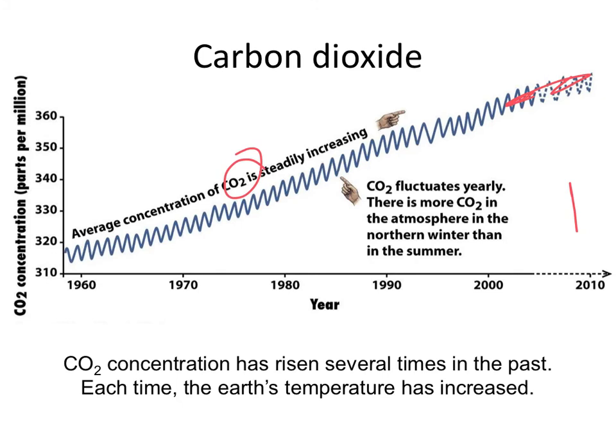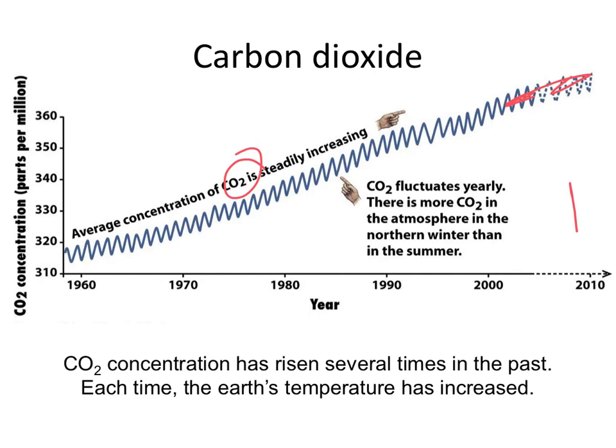Okay, and then also we know that in the past, forget about humans, CO2 concentration has risen several times, and each time the Earth's temperature has increased as well. So we have evidence of this, not only in cores of ice samples from glaciers, but also in the pollen that's produced by plants.